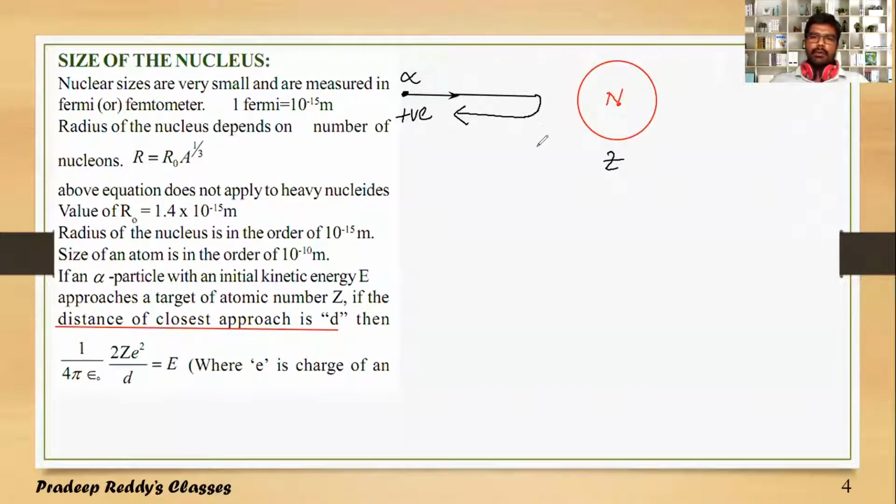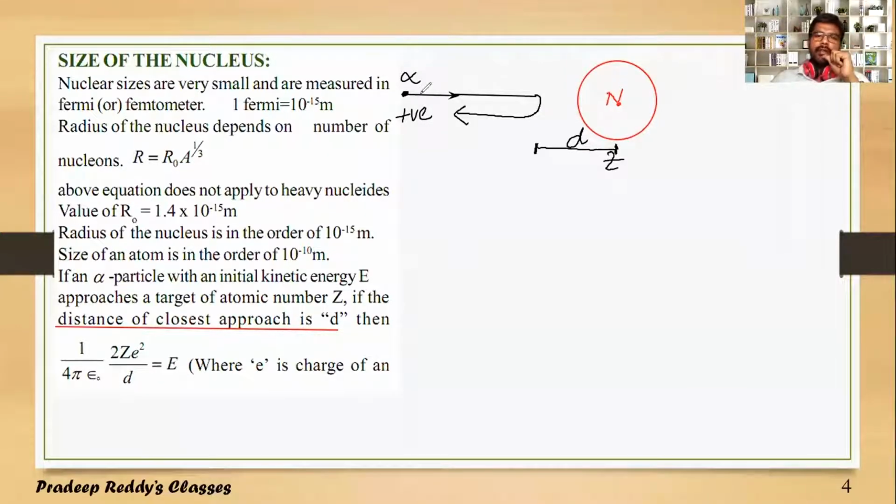This closest distance to which the alpha particle approaches the nucleus is said to be the distance of closest approach, and this is d. Why does the alpha particle come only up to that particular range and return back?